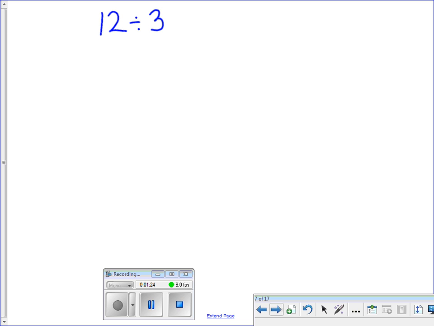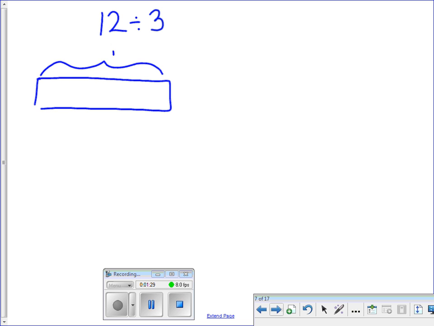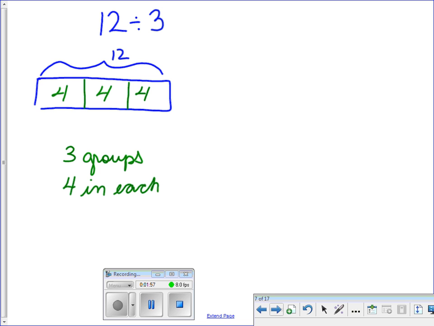We looked at it like this, where our whole quantity was 12, and we said, okay, we divided it into 3 groups. When we had 3 groups, how many were in each group? 3 groups, 4 in each group.